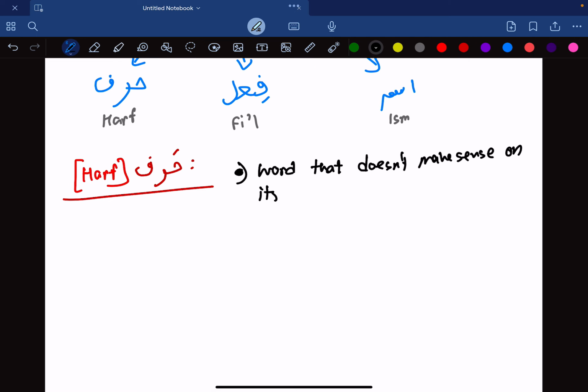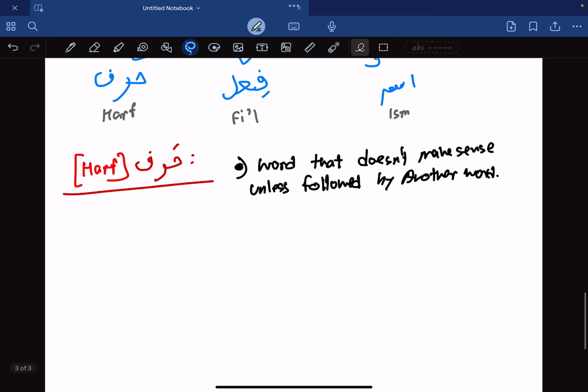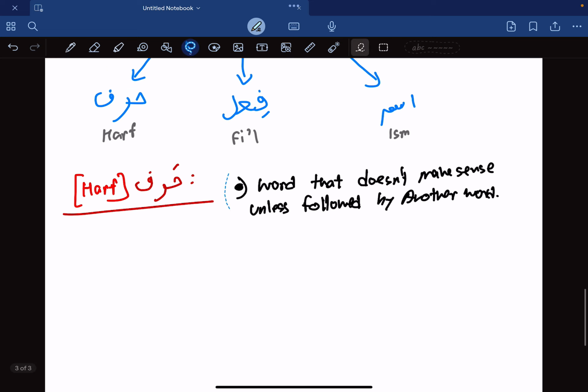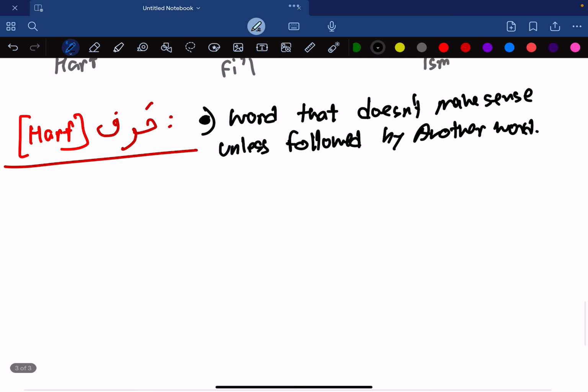Or you can say it doesn't make sense unless followed by another word. It is very late right now, but I'm still making a video. I'm so tired. Hopefully I'm not going to be saying gibberish. So what is harf? It's a word that doesn't make sense unless followed by another word.